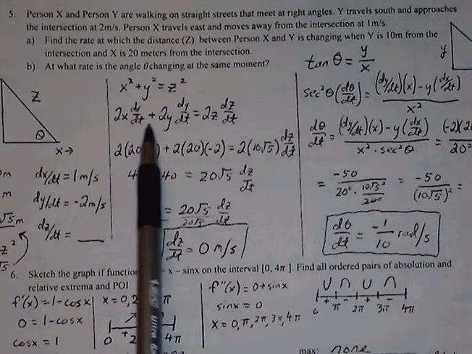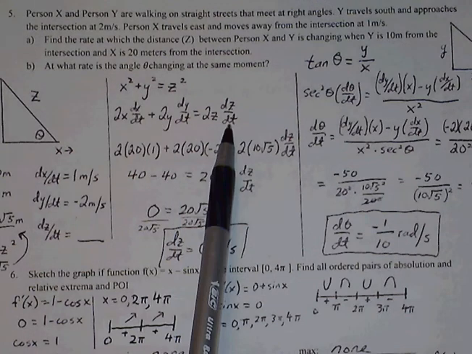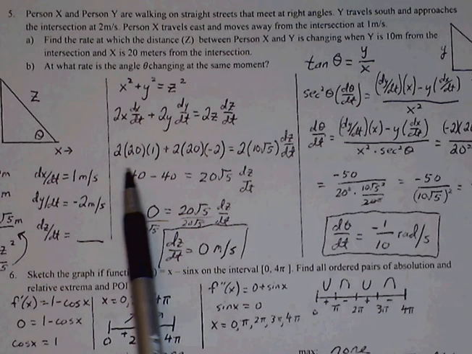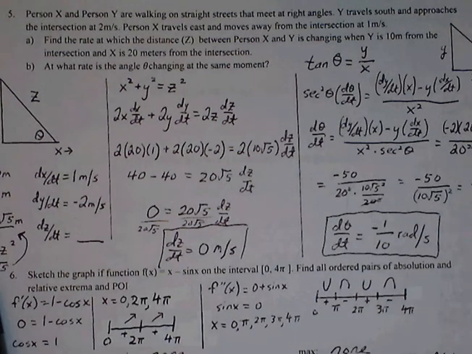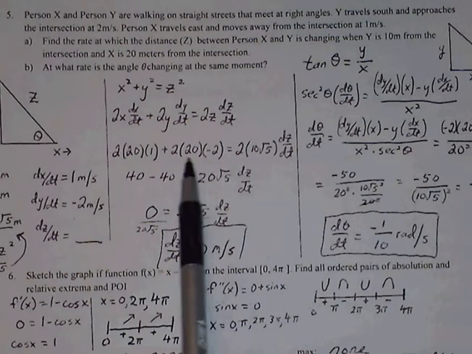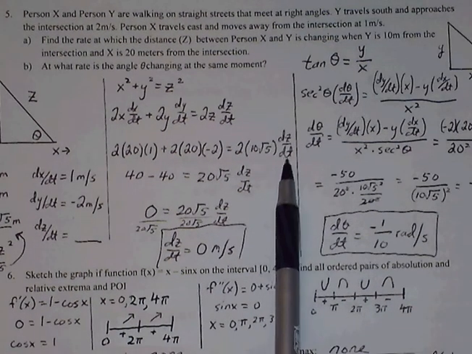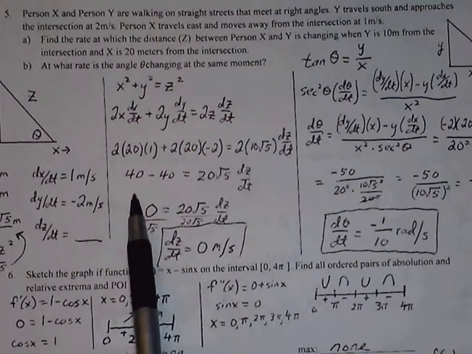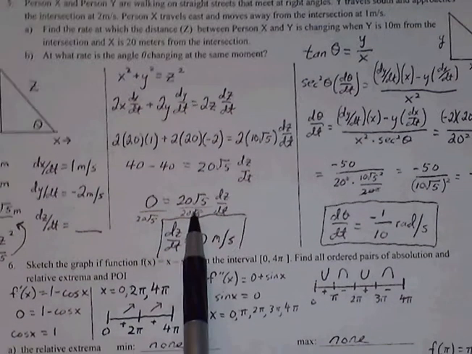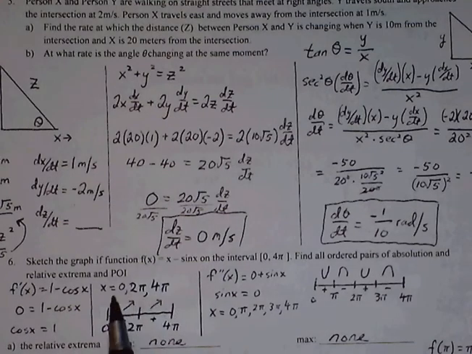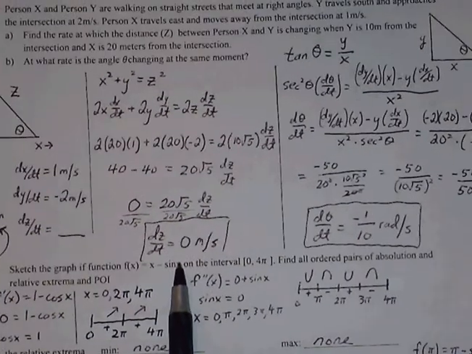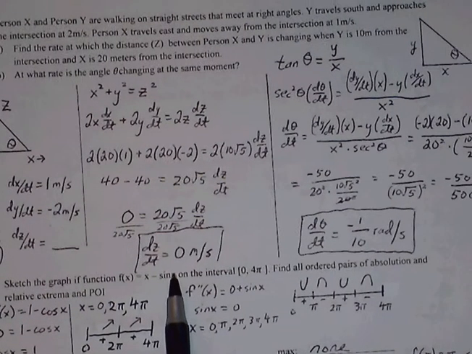So 2x dx/dt plus 2y dy/dt equals 2z dz/dt. We have all the variables accounted for, so we plug all that in and solve for dz/dt. We end up having 0 equals 20 root 5 dz/dt. Divide both sides by 20 root 5, so our rate of change for z is just going to be 0 meters per second.